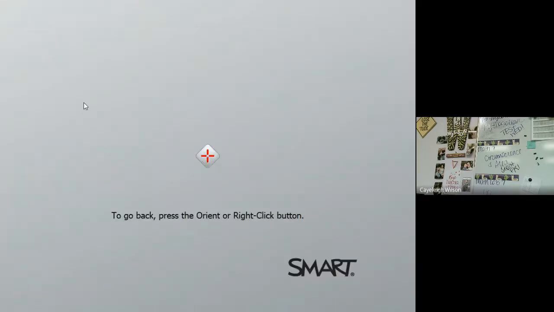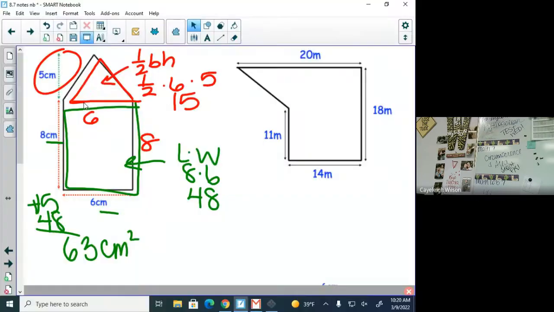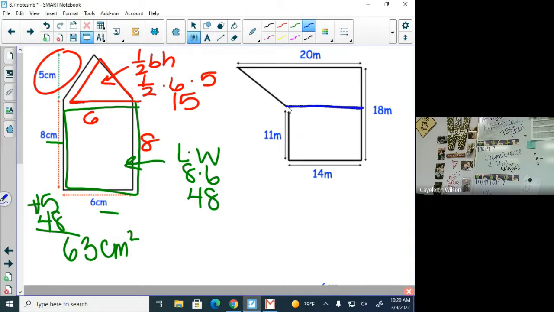So okay, the next one. Preston, what two shapes did you see in this next one? Beautiful. Okay, so right here, if I cut it, I've got a trapezoid. I can put "trap" in here so you know it's a trapezoid. And I've got a rectangle or a square, whatever you want to call it.